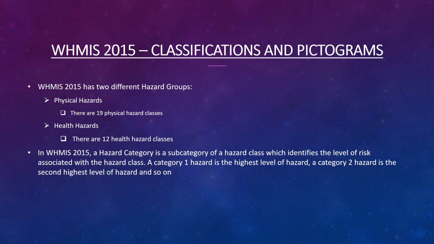In WMIS 2015, a hazard category is a subcategory of a hazard class which identifies the level of risk associated with the hazard class. A Category 1 hazard is the highest level of hazard. A Category 2 hazard is the second highest level of hazard, and so on.